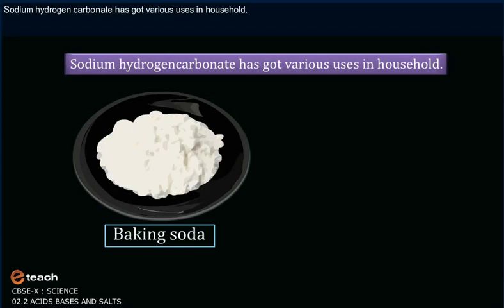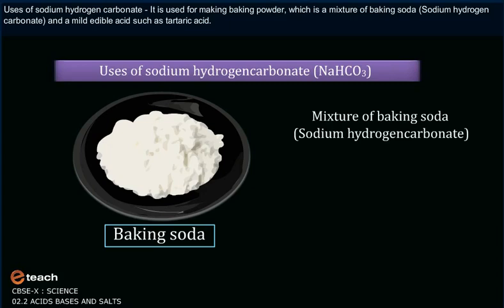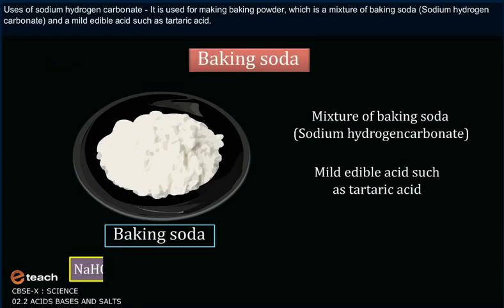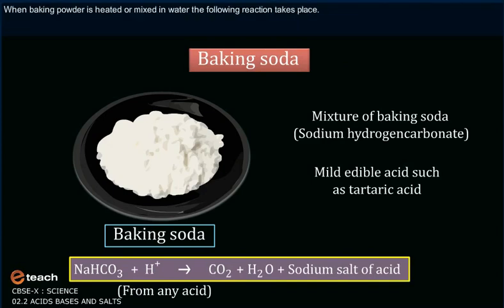Sodium hydrogen carbonate has various uses in household. Now let us look at the uses of sodium hydrogen carbonate. It is used for making baking powder. This is a mixture of baking soda, that is, sodium hydrogen carbonate, and a mild edible acid such as tartaric acid.